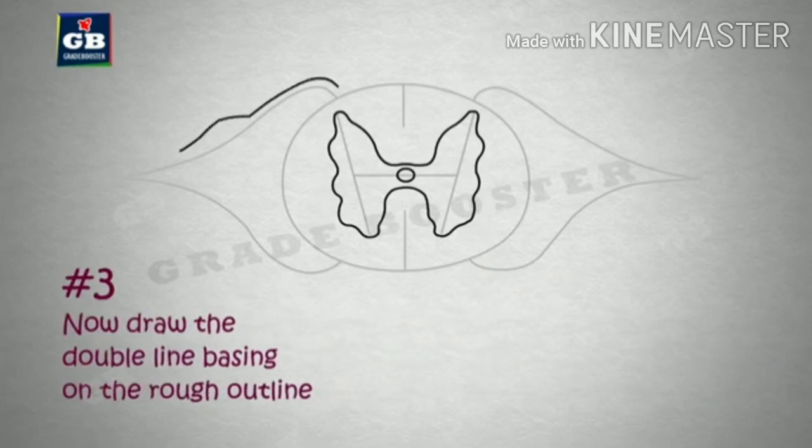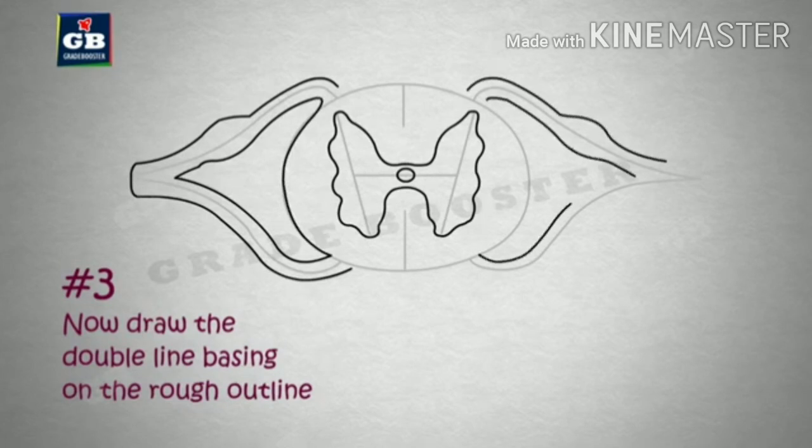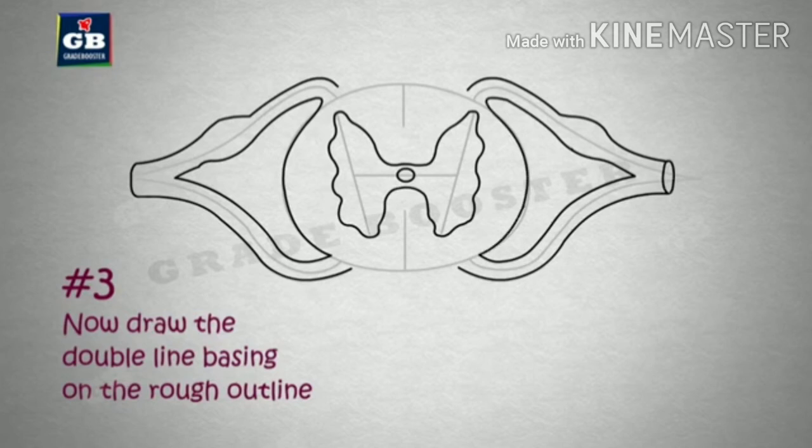Step 3. Now draw the double line passing through the outlines so that the first leafy line is present in between the dark lines. On one side, make a hole.